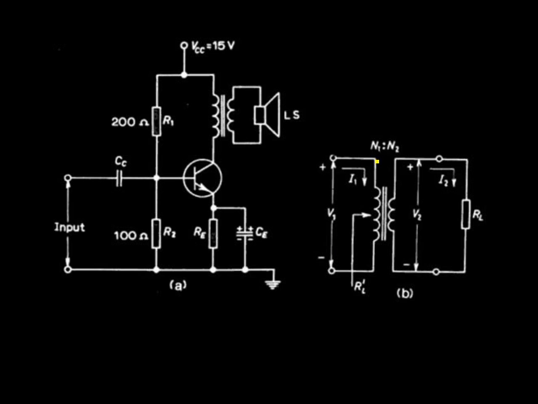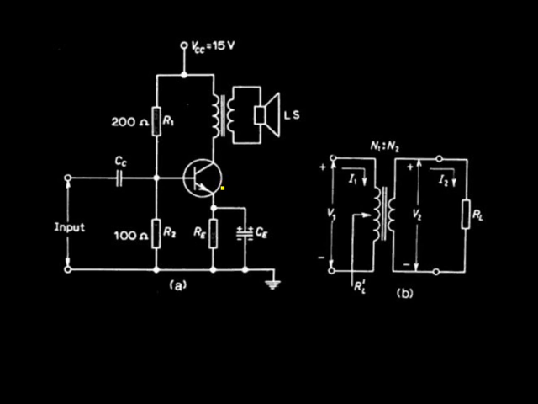What is the peculiarity of this transformer? Suppose it has N1 and N2 number of turns. It can be used for impedance matching. Why? Because the resistance of this speaker is of the order of probably 8 ohm typically, but the output impedance of the transistor is of the order of kilo ohms.